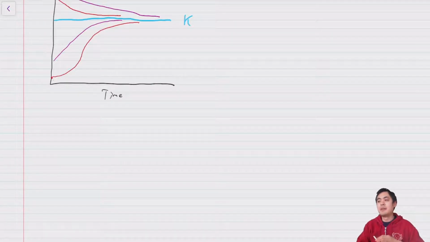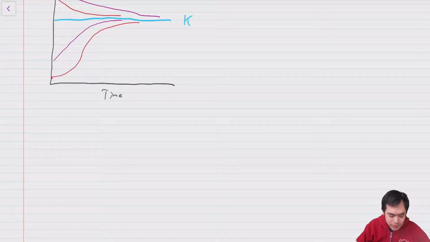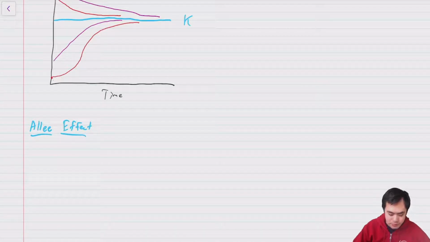So these are very simple population models, and we're going to introduce a new effect, which we're going to call the Allee effect, which was named for a zoologist, Werner Allee, who studied these things in 1931.